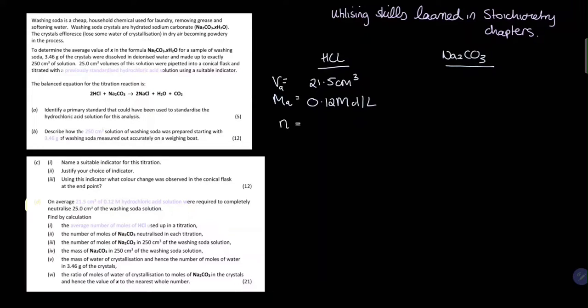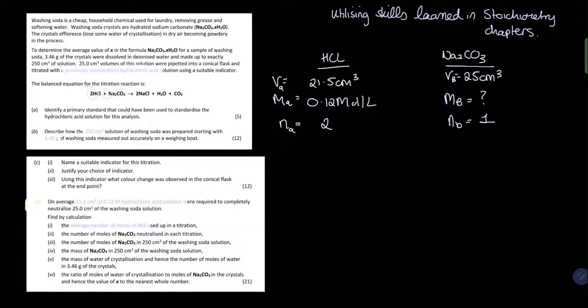And then the number associated with the acid here is 2 from our chemical formula. Over to the base then. The amount of the base used in each titration is 25 centimeters cubed. The molarity of the base we don't know. And the number associated with the base in the chemical equation is an imaginary 1 there, is 1.